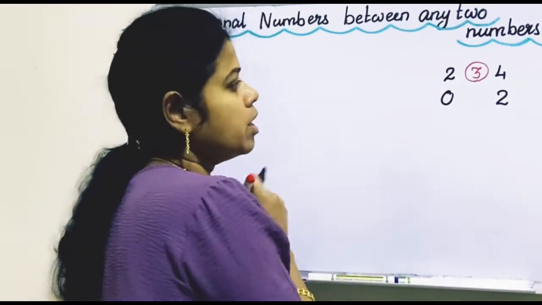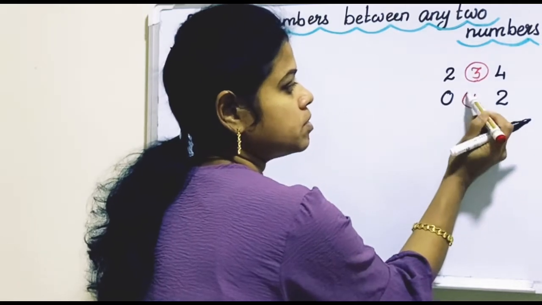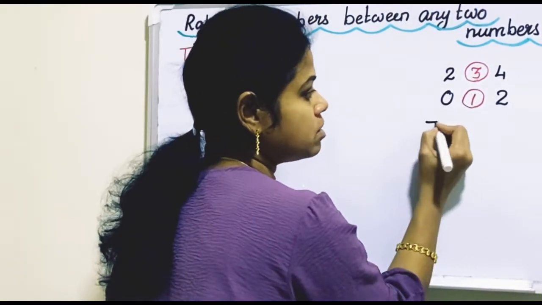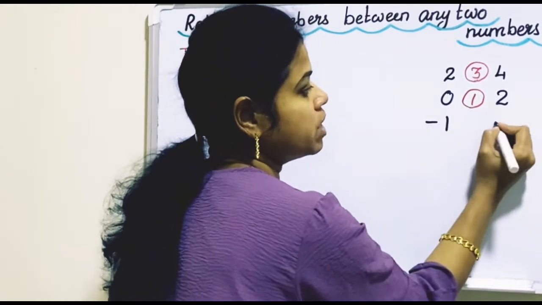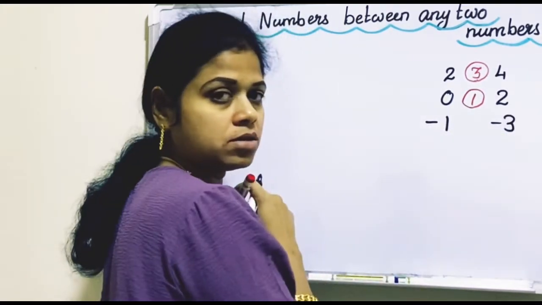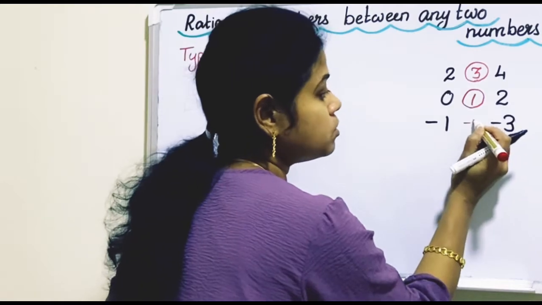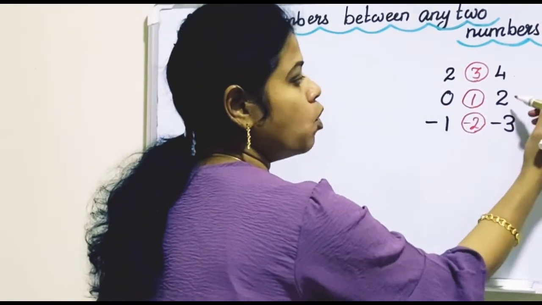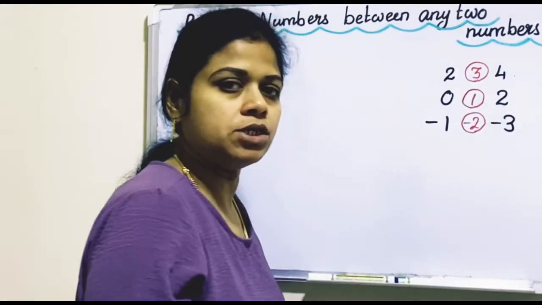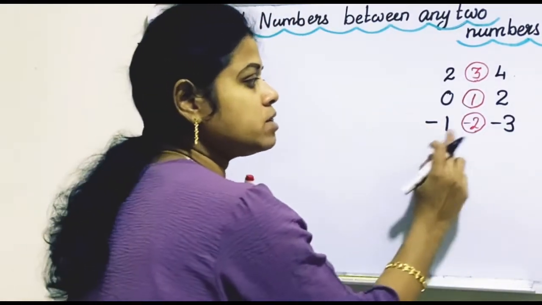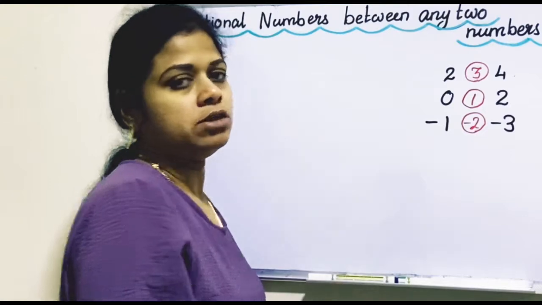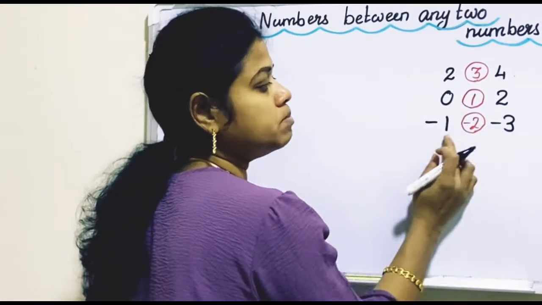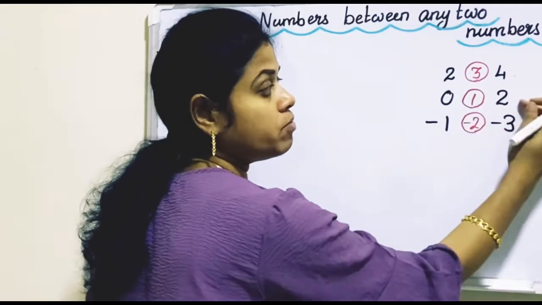It is 1. How many integers between -1 and -3? It's -2. So for natural numbers, whole numbers or integers, you can define the numbers in between.